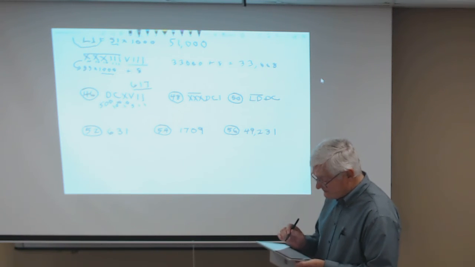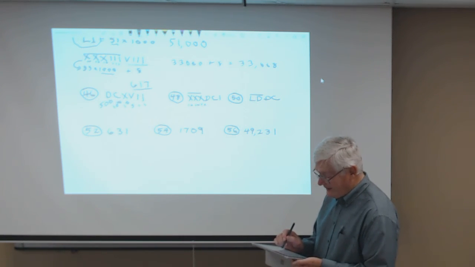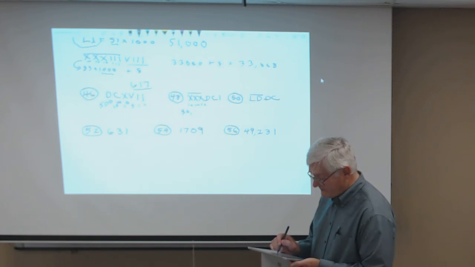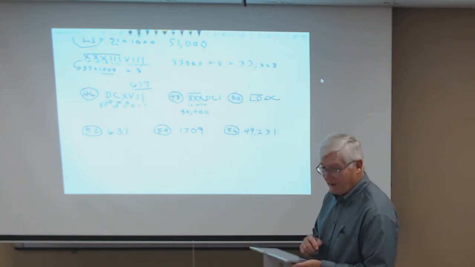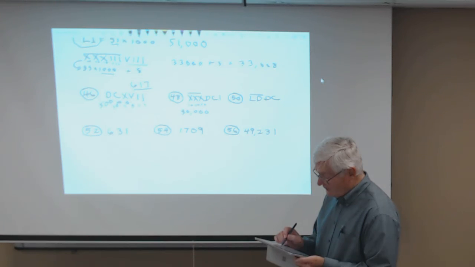Number 48. X, X, X, but it has a line over it, so what does that become? 30,000. Everybody follow that? Then, what's after X?